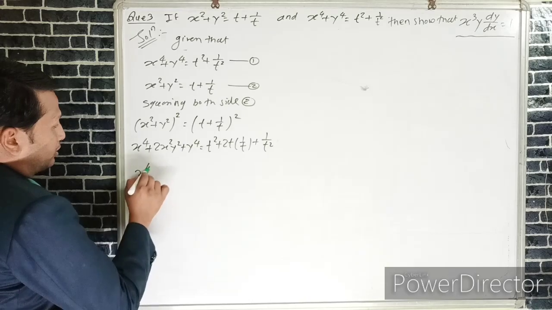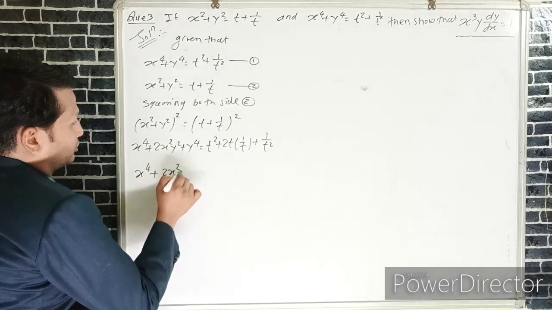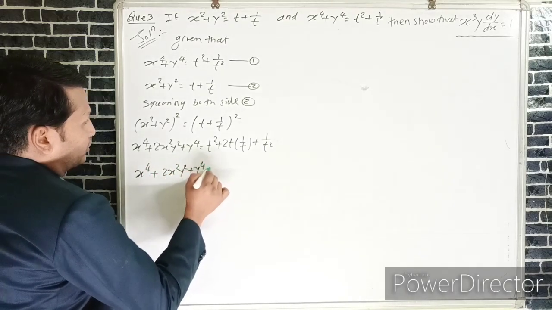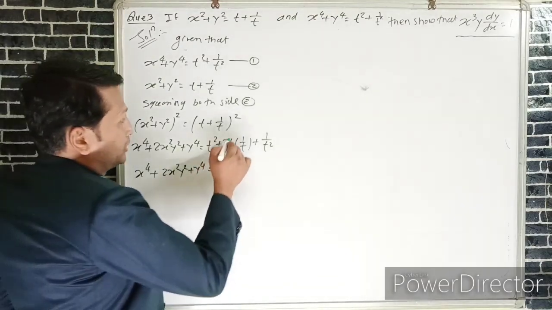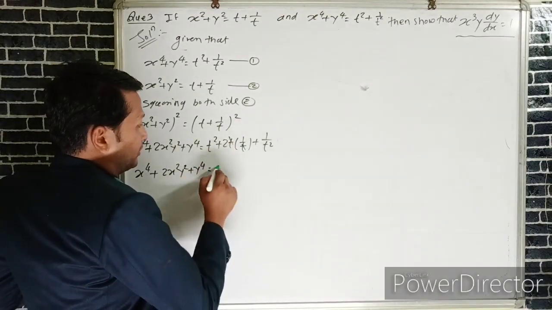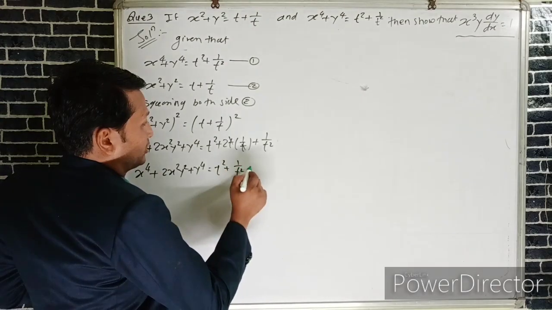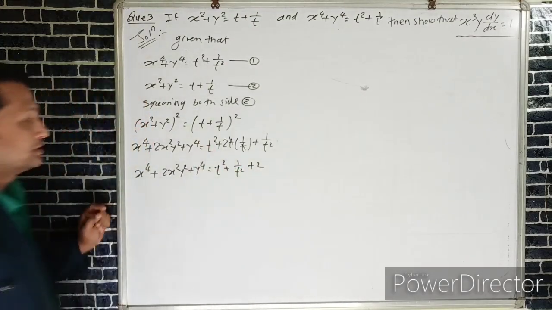Here t is cancelled, so we get t square plus 1 upon t square plus 2.